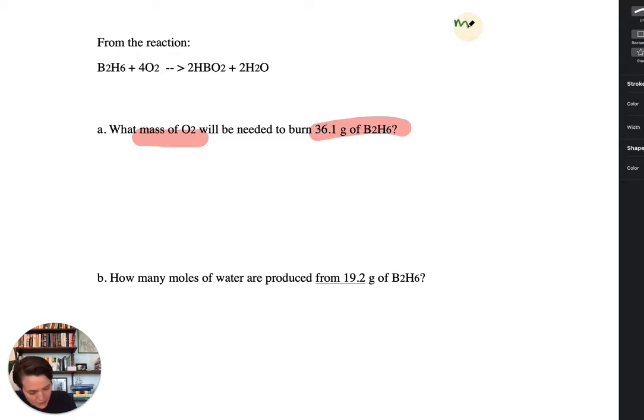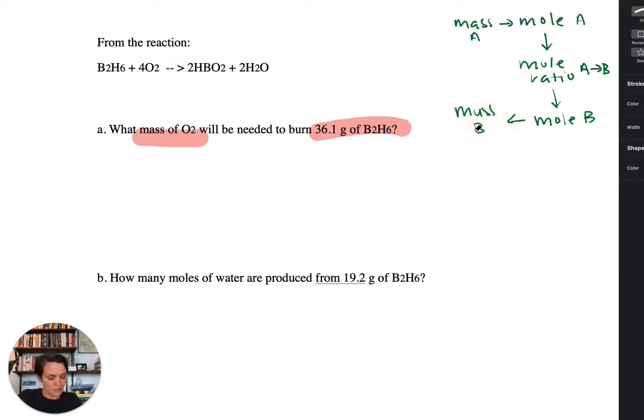You go from mass to mole, then you use the mole ratio. So this is moles of compound A. The mole ratio allows you to go from A to B, and that gives you your moles of B, and you go back around to mass of B. So I'm going to leave that there just so we can see that really that's all we're doing with this problem, which at first glance for a first stoichiometry problem, you might be like, ugh, I don't like it.